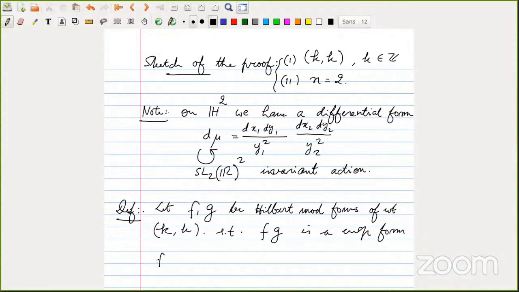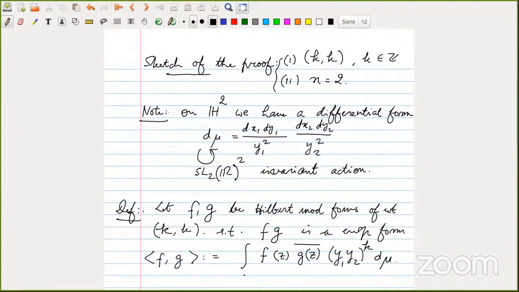It was defined by <f, g>, and this is equal to the integral of f(z) times the complex conjugate of g(z), and then, in the case of elliptic modular forms, you take y to the power of k, but here I will take (y1 y2)^k, and instead of just dx dy, the invariant differential, so we take here dμ.